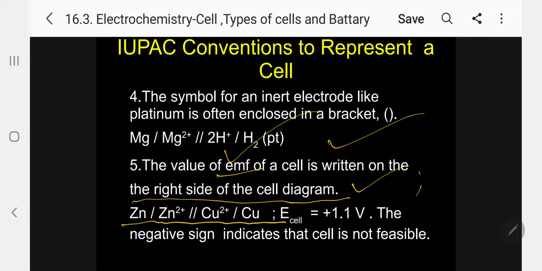In this case, E cell equals 1.1 volt. That means for a Daniel cell, the voltage is 1.1 volt. Kindly follow. Always the value should be positive. The negative sign indicates the cell is not feasible.